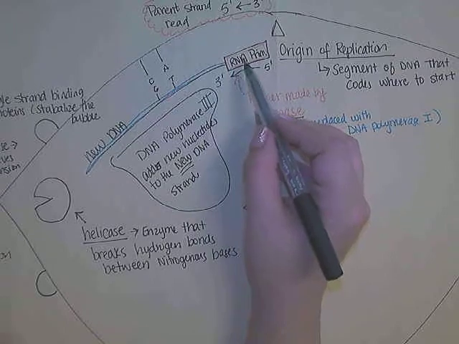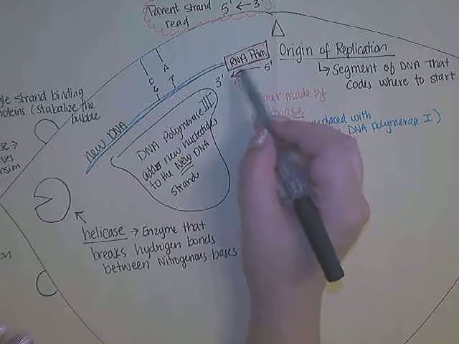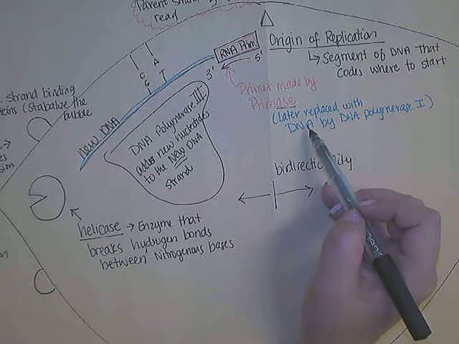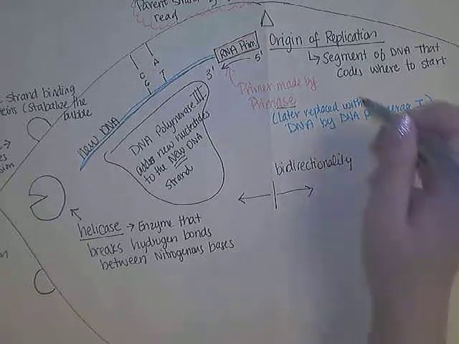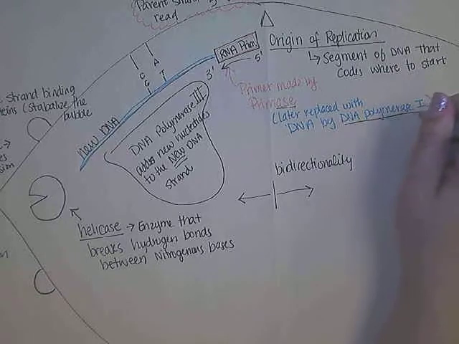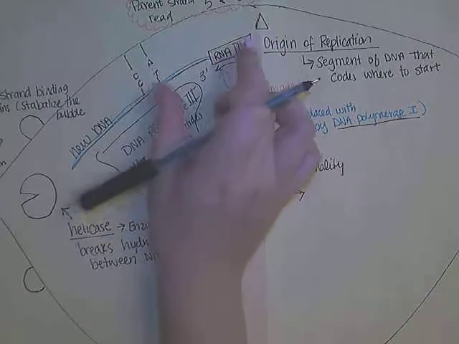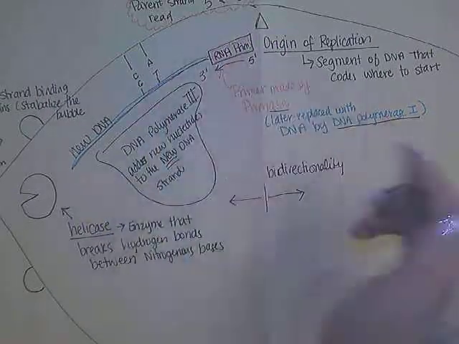Because this gets started, we can eventually replace this RNA primer. We don't want RNA anymore. This is a copy of DNA, so we're going to have to replace this. That primer is replaced with actual DNA by a different enzyme called DNA polymerase I. And then there's another enzyme that will glue these segments together.